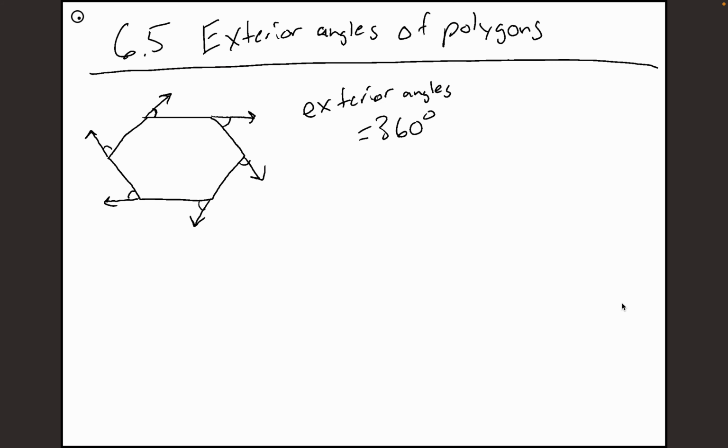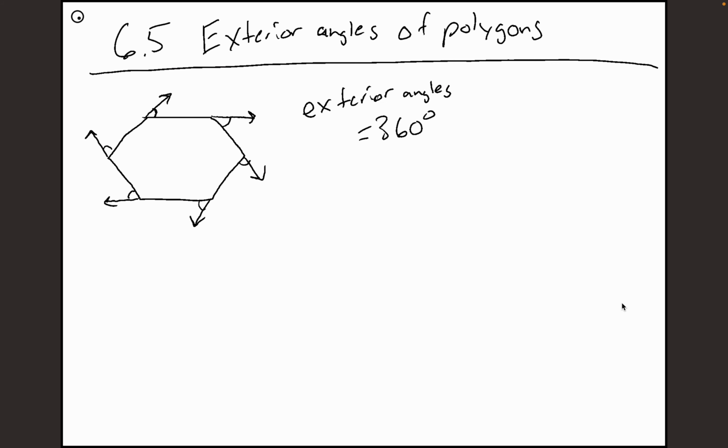So, if I have a pentagon, what are the exterior angles going to add up to? 360. What if I have a dodecagon? 360. That's what I just said. Anytime, the exterior angles equal 360.